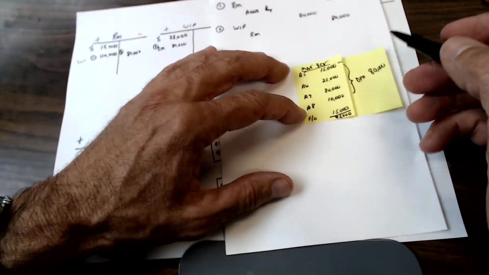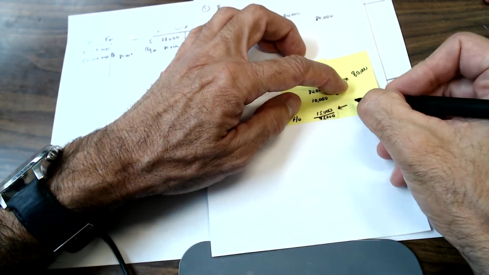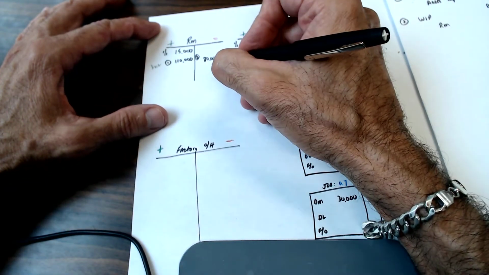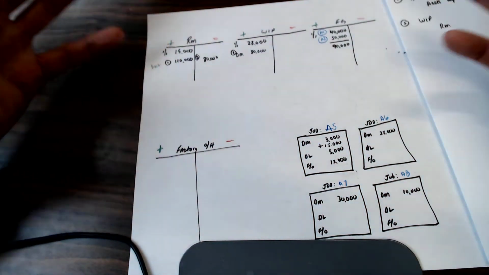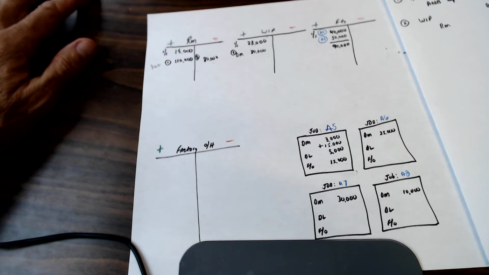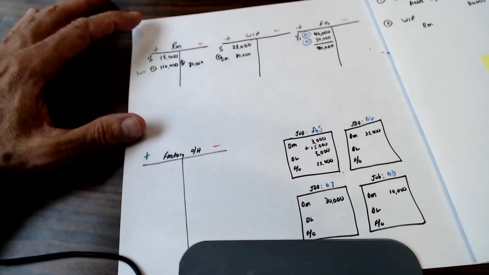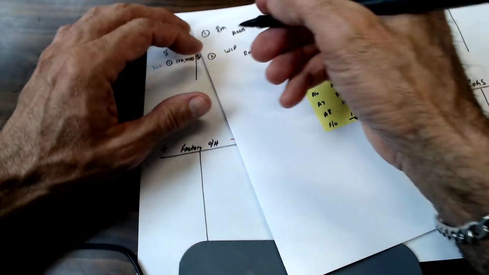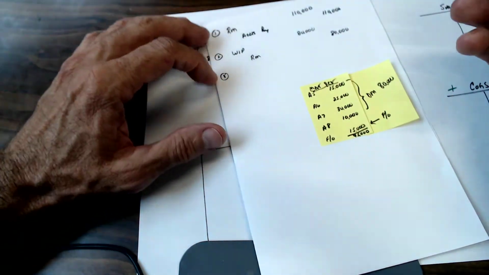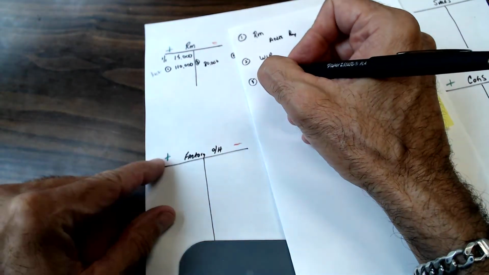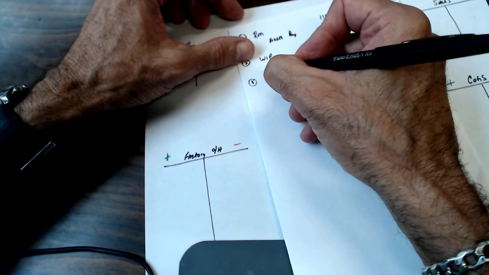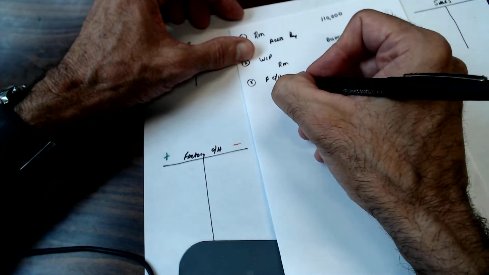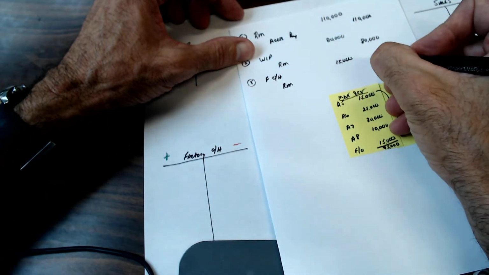Let's do the third entry. That's factory overhead, the 15,000 that was taken out of raw materials and used for general factory operations. Well, all indirect factory costs are, do you remember what it is? Factory overhead. So in the third entry, we're going to debit factory overhead. We're adding 15,000 to factory overhead and taking it out of raw materials.